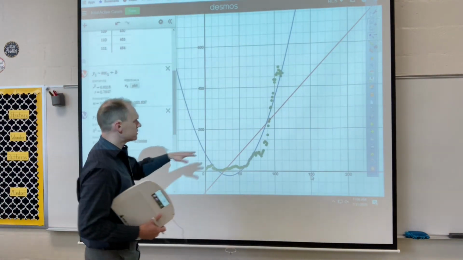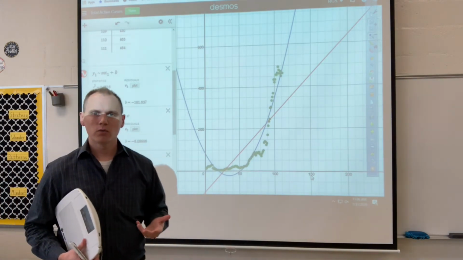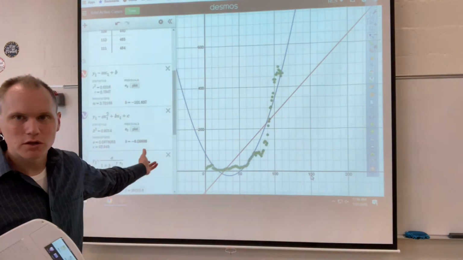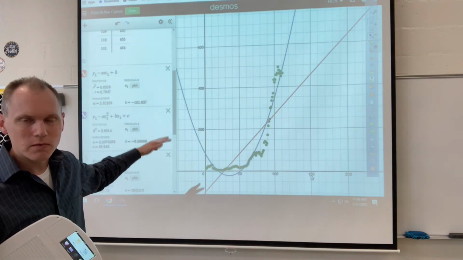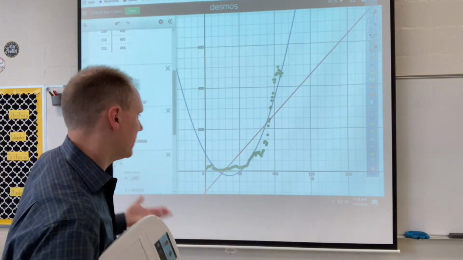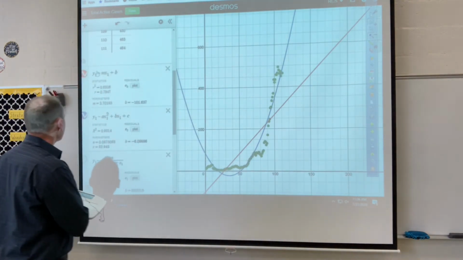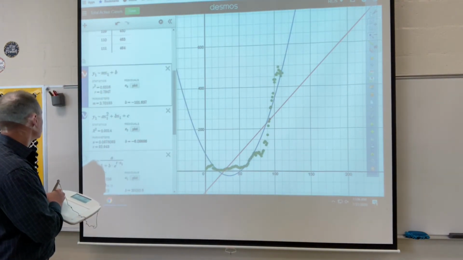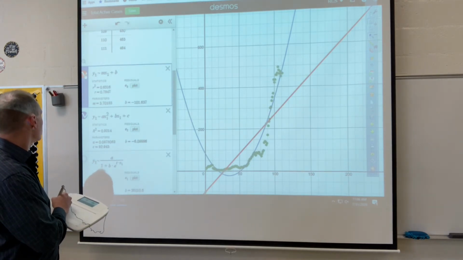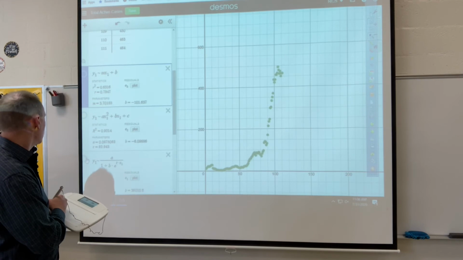So I just wanted to give you a scenario in which we can use other types of functions. In fact, using Desmos, you can type in any sort of function type here, and it will come up with the best fit for that data. Now, I'm going to show you what this county is using to model the data.